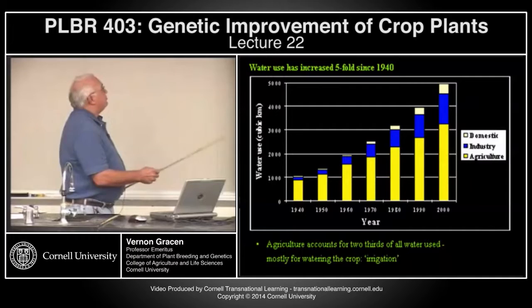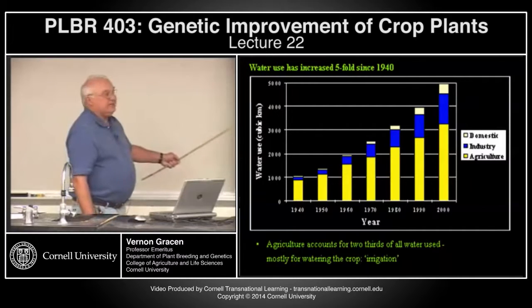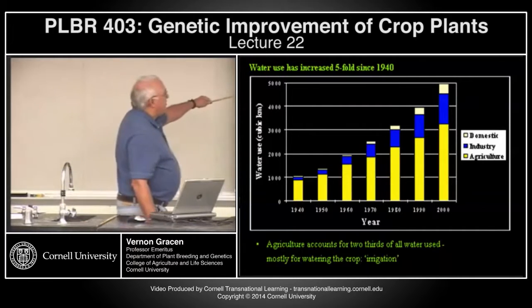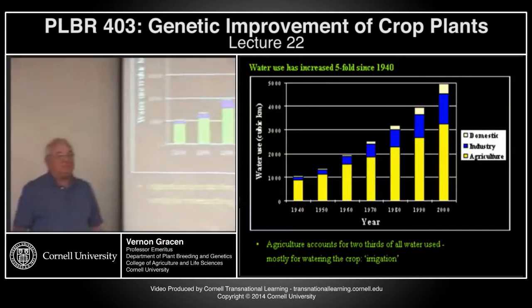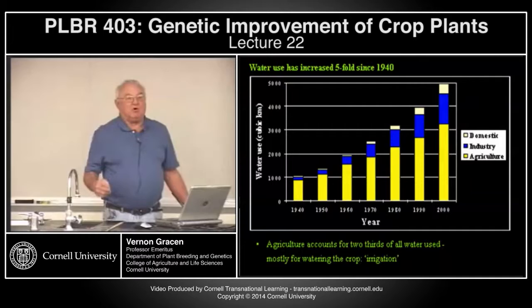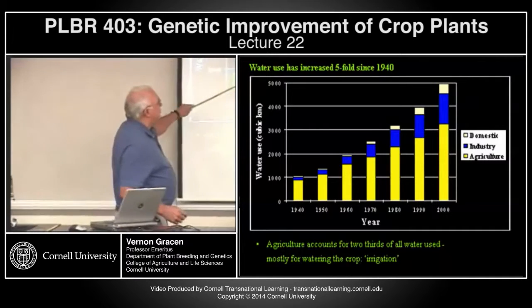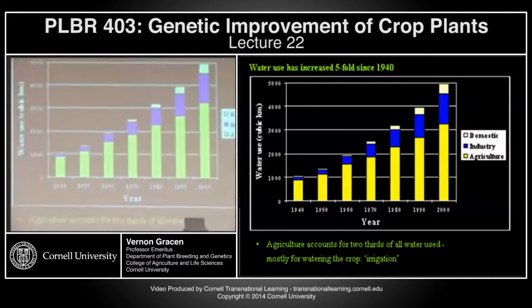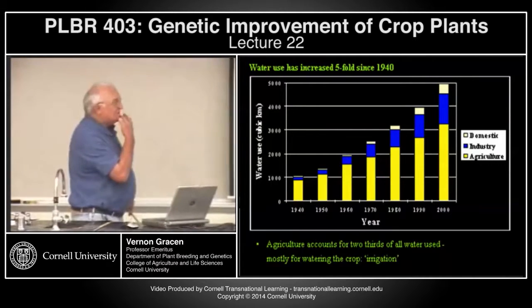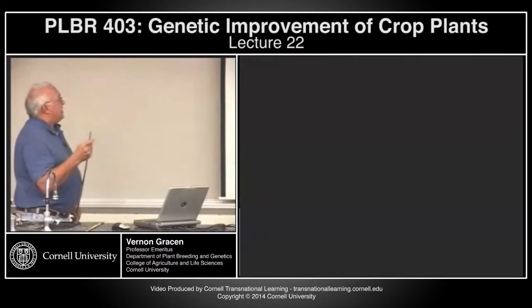Water use has increased fivefold since 1940, and the yellowish-green bars are used by agriculture. And so the use of water for crop production is going up almost linearly. There's not enough fresh water.